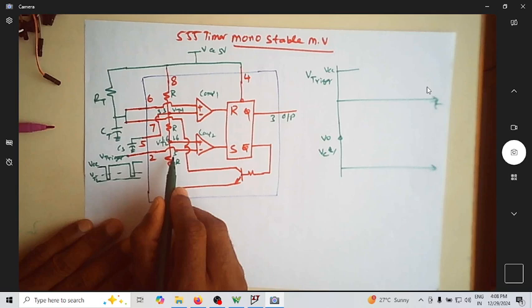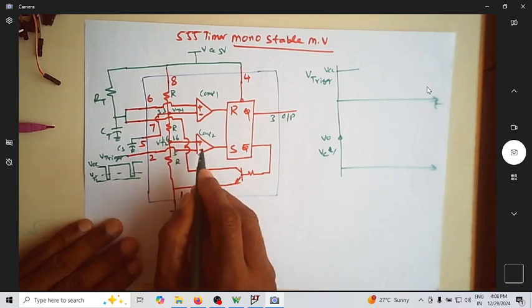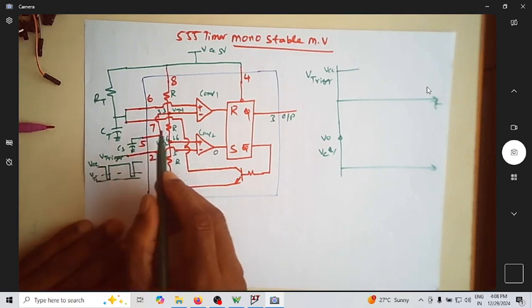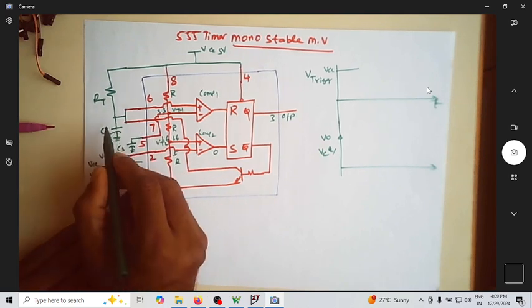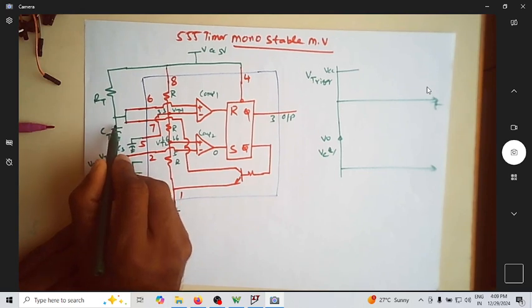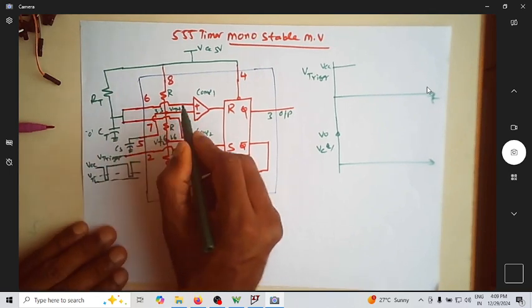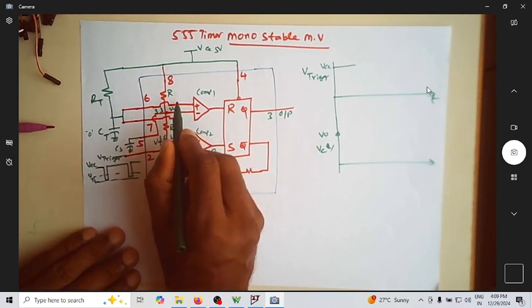So let us see what happens. If it is 5 and this is 1.6, which is more now? V minus is more, so output voltage is 0 here. And let us assume that the capacitor voltage here is initially 0 volt. If it is 0 volt, you have 0 here.